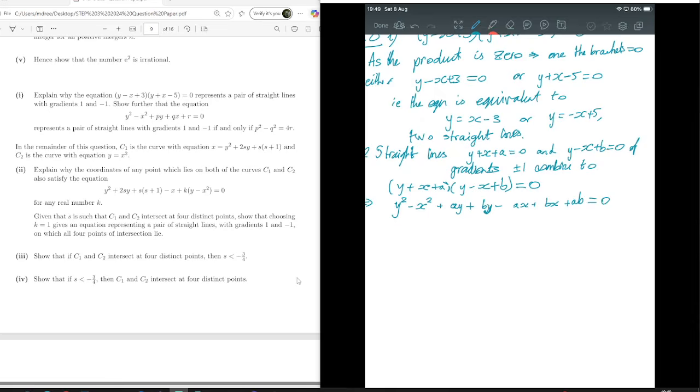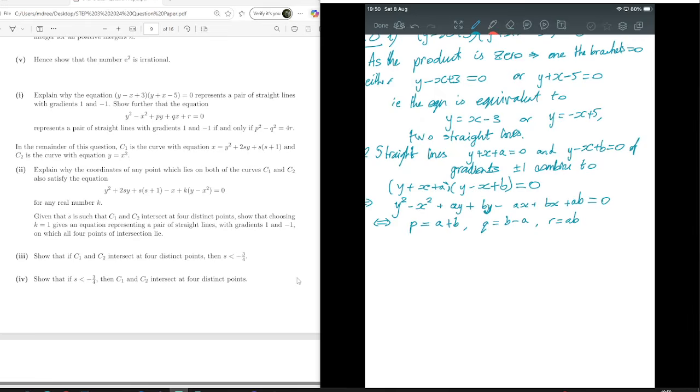Equals 0. And if we compare that to what we have, p is the coefficient of the y, a plus b. The q, which is the coefficient of the x, is a minus b. And the r, which is the constant term, is ab.